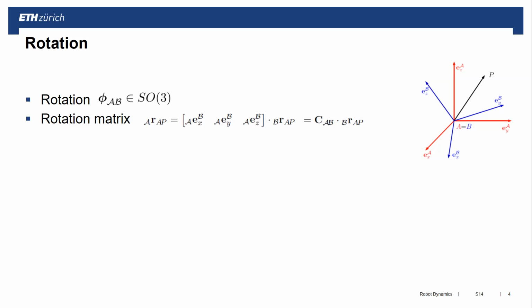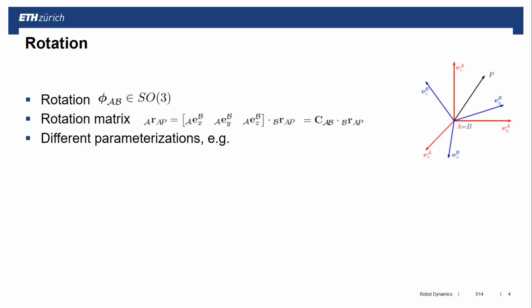So three column vectors which represent the 3x3 matrix that allows us to rotate a vector which is expressed in the B frame, using the C_AB rotation matrix, to the A frame. So this included 9 parameters in order to describe a rotation.